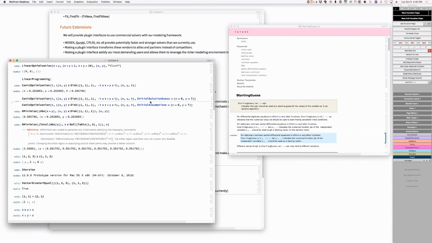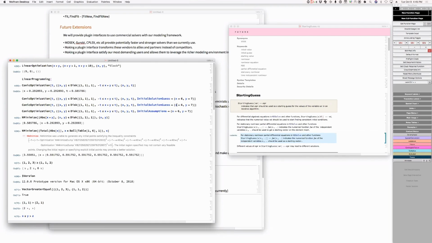For differential algebraic equations, it's a guess on the initial values. For stationary PDEs, it's a guess on the solution. Does it typically look like f of 0 is whatever? Yes. Or f of x is whatever.